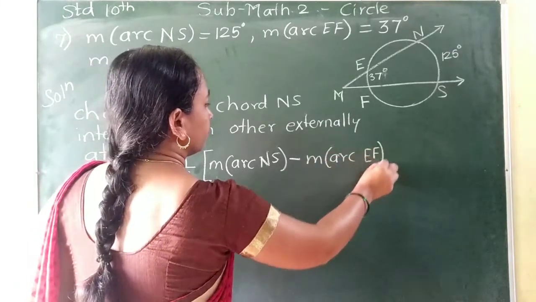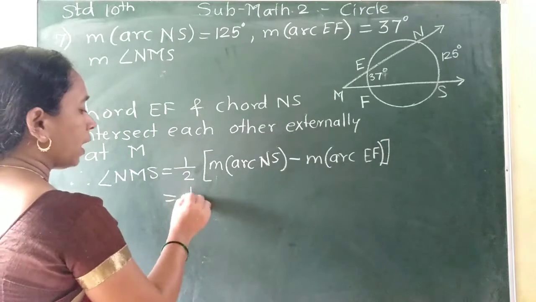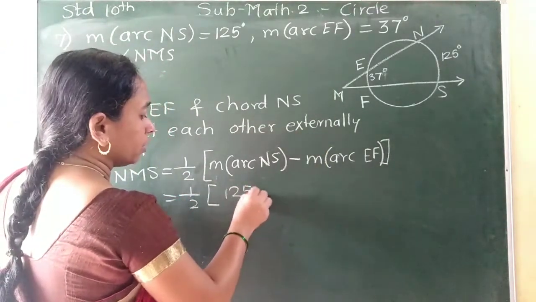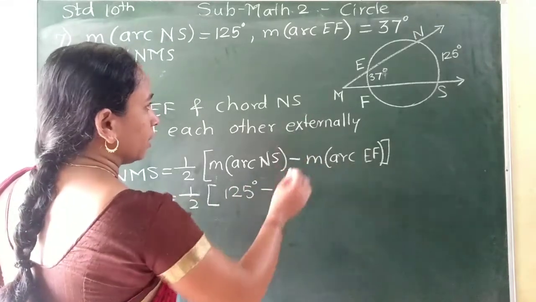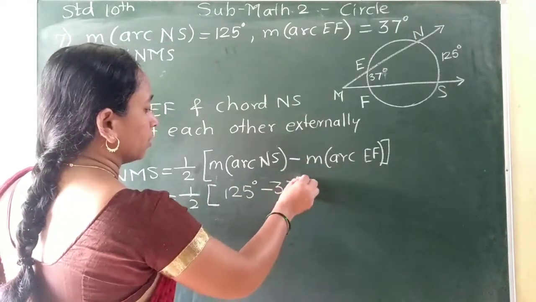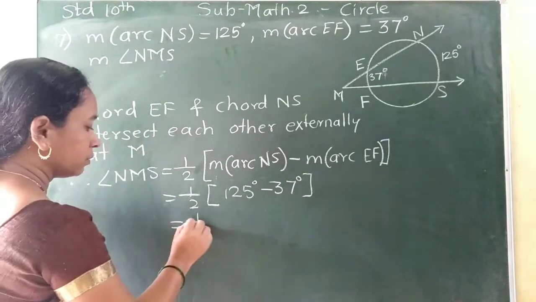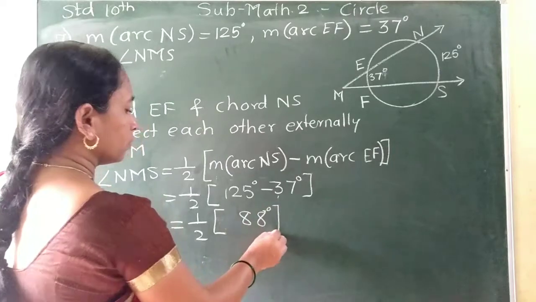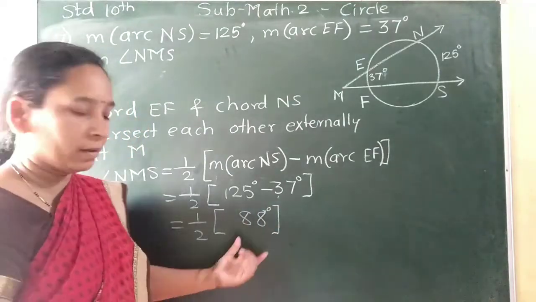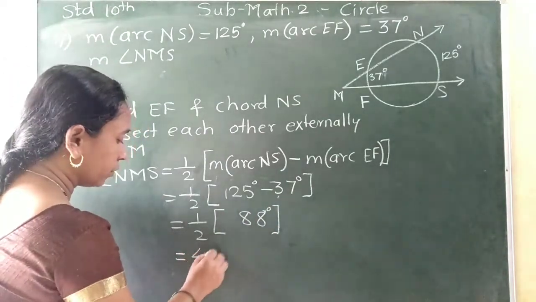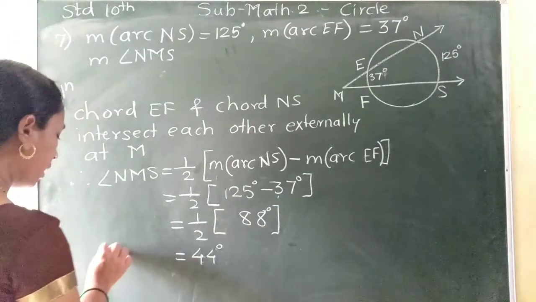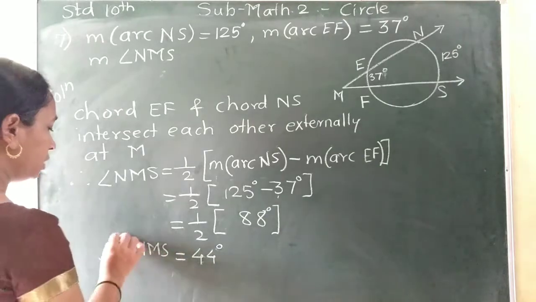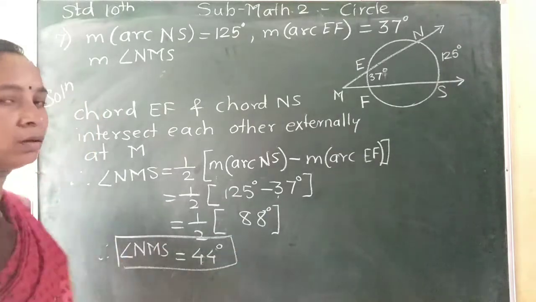So half into measure of arc NS, which is 125 degrees, minus measure of arc EF, which is 37 degrees. If we subtract, we get 88 degrees, and after division we get 44 degrees. Therefore, angle NMS is 44 degrees.